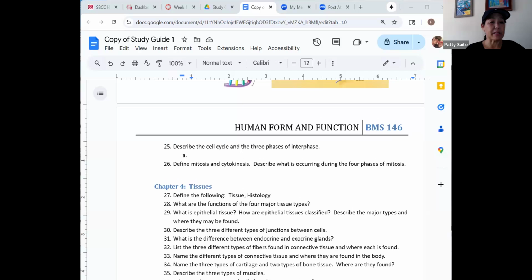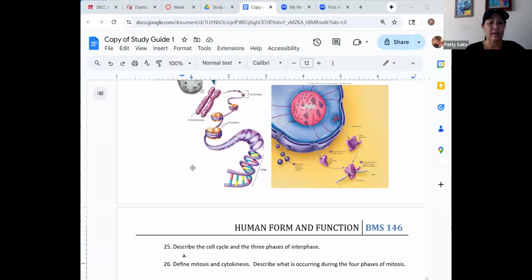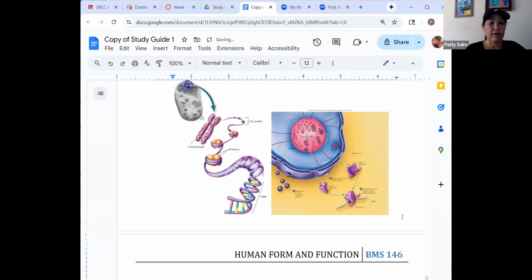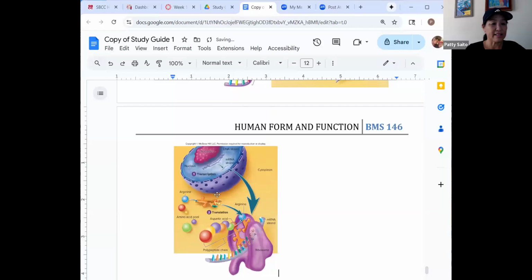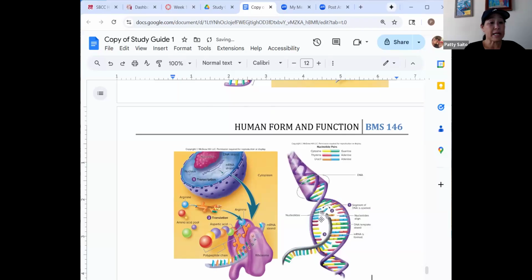Okay, let me add something to this other picture here. I have a couple other pictures to add that you might like. All right, so this is kind of showing that. And then this is that process of making a message, the messenger RNA here.